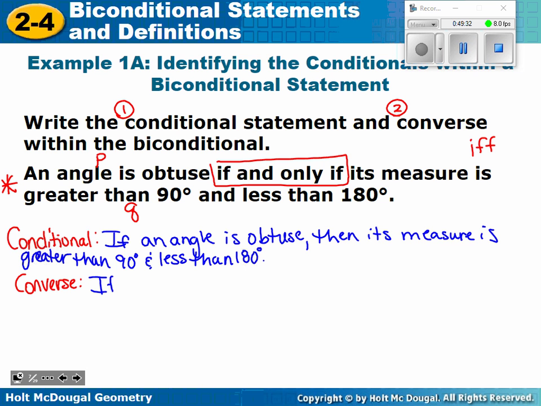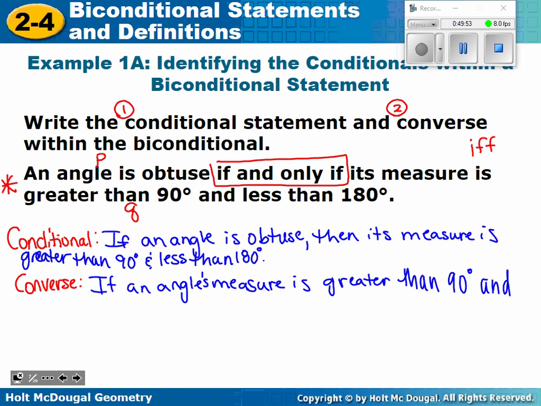So if an angle's measure is greater than 90 degrees and less than 180 degrees, then, make sure you're putting those keywords if and then, it is obtuse. So all we did was take the biconditional and just split it apart.